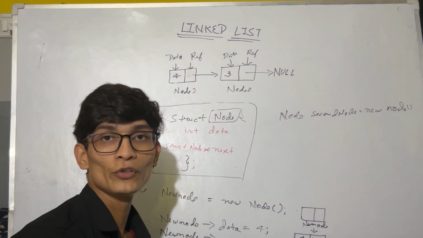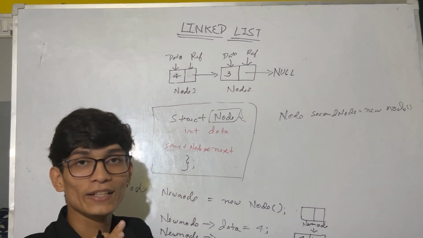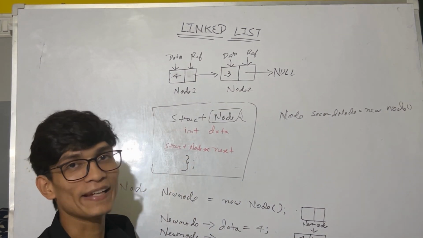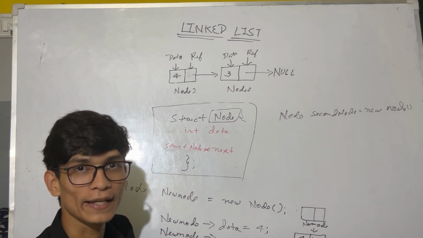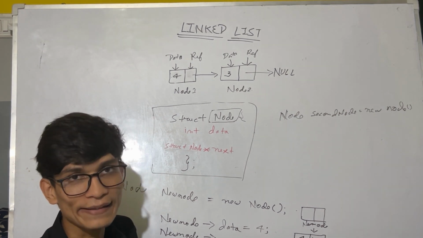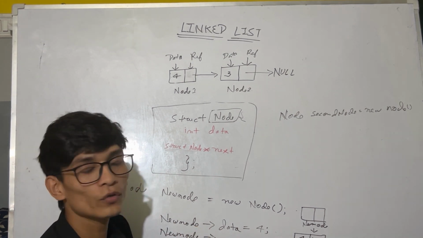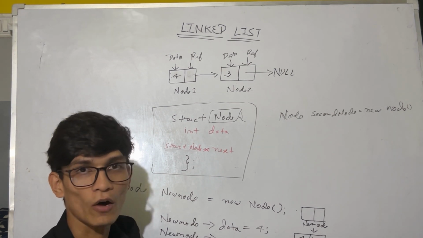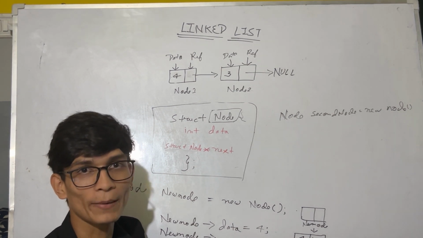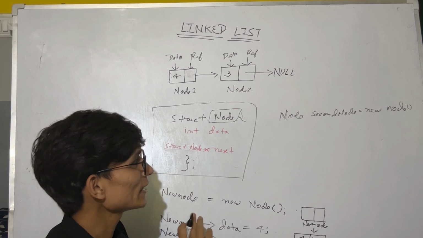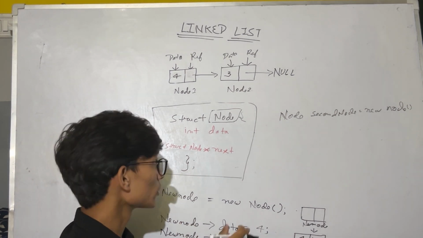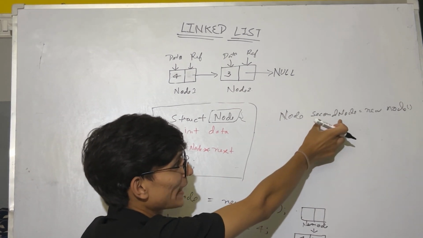Now we are just checking the logic only: how we access, how we can create, how we can add any data, how we can add links. Don't think about implementation. We will see the whole implementation in the coding part later. Just understand that first. So now we have created a second node as well.